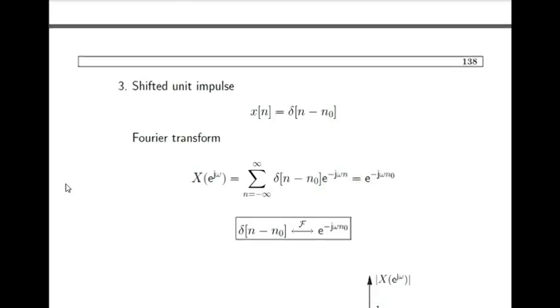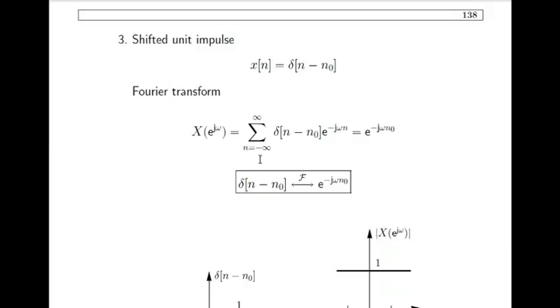Okay, the next example is the shifted unit impulse. It is similar to the shifted unit impulse of the continuous time case, but I am going to teach you. As you can see, x of n is equal to delta of n minus n naught. So if I put n equals n naught, it will be valid only there.